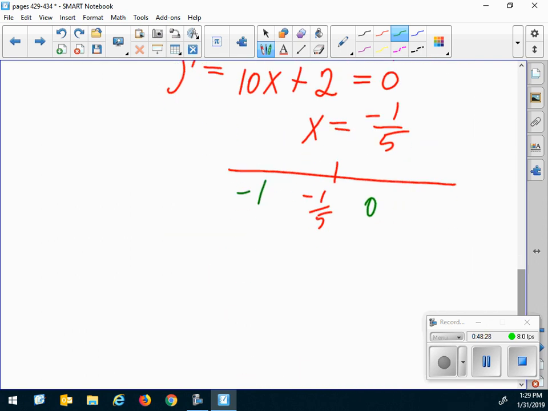There we go. If x is negative 1, is this derivative positive or negative? Don't say, oh, I need to minimize, so that's got to be a negative and that's got to be a positive. 0. x equal negative 1/5 does minimize our distance.